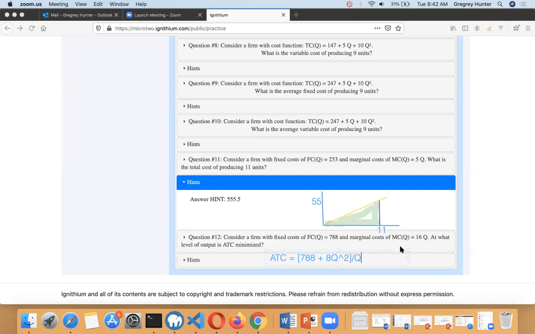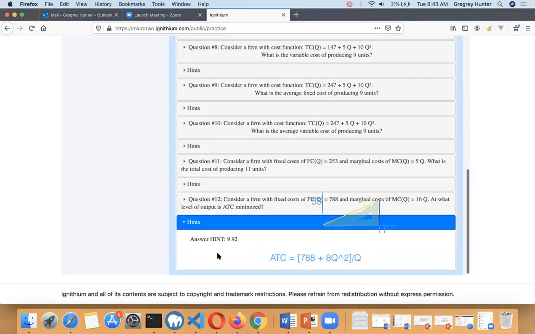Then we set that equal to the marginal cost function, and we solve for Q. Let's see if I can turn off this annotation stuff, and you end up getting that when you solve for Q. Yeah, that's exactly it.